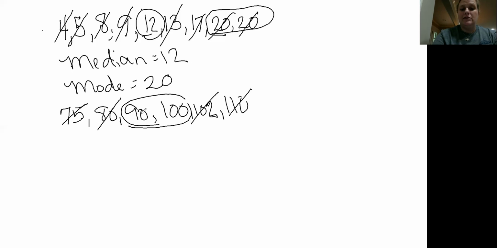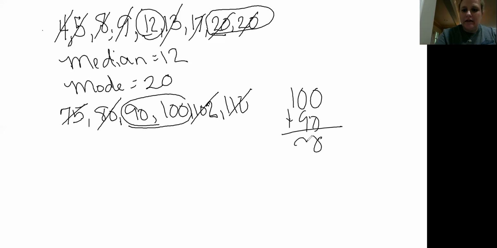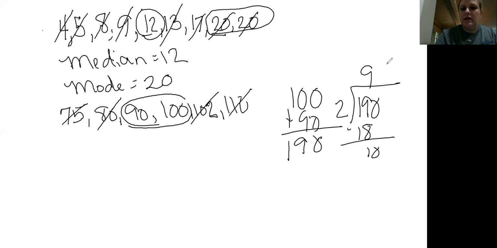But the fast way is 100 plus 90 is 190, divided by 2 is 95. So my median is 95.